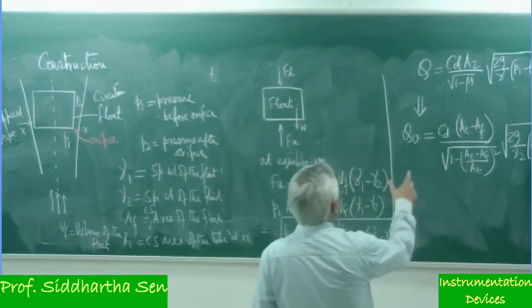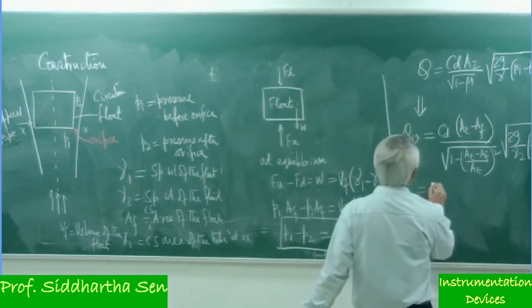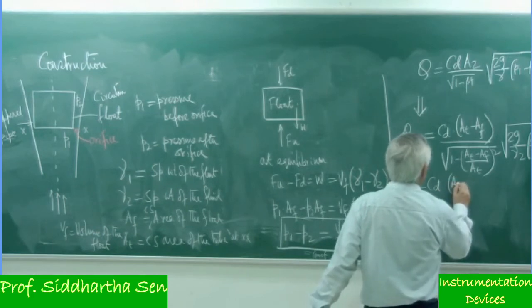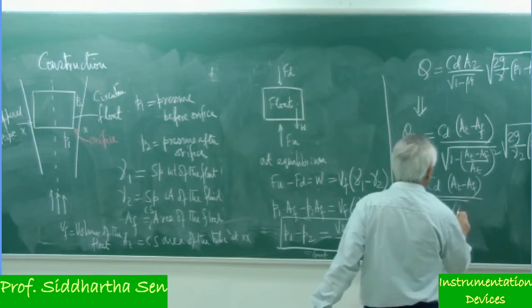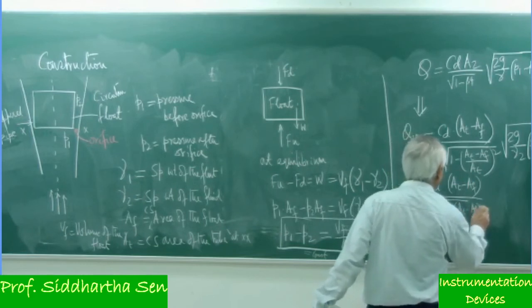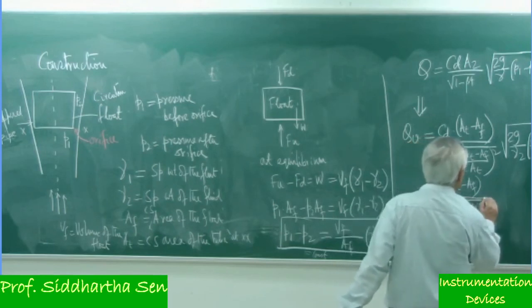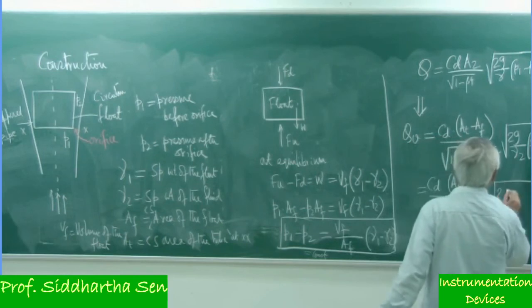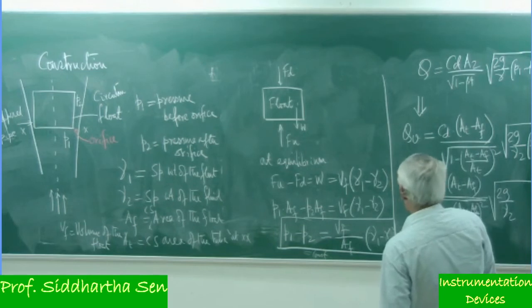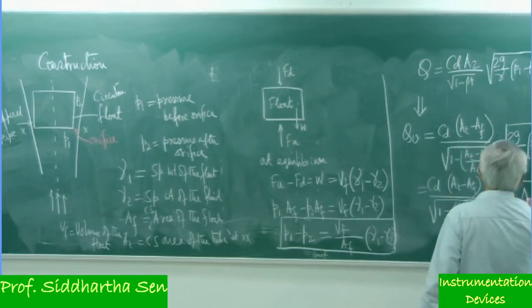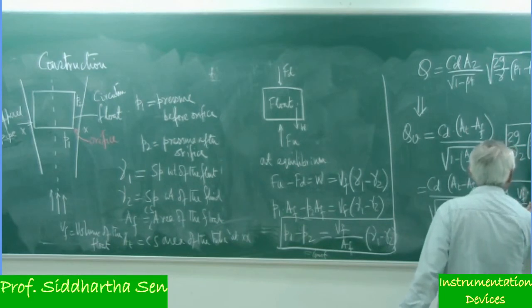So if I replace it, I can say QV is CD into AT minus AF divided by the square root of 1 minus the square of AT minus AF divided by AT, into 2g by gamma 2, and into Vf by AF into what is it?